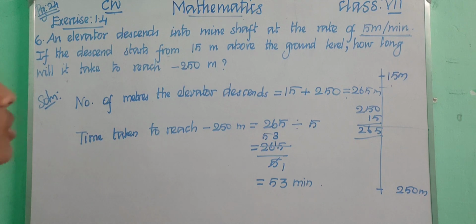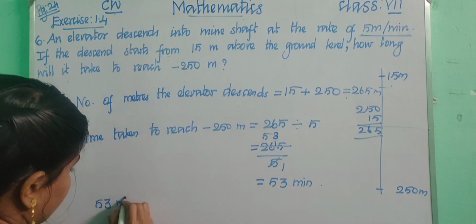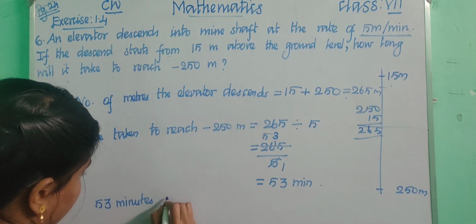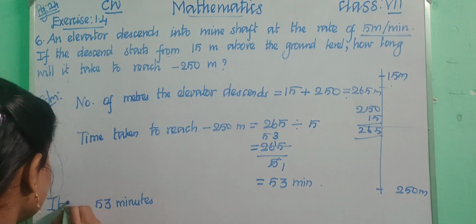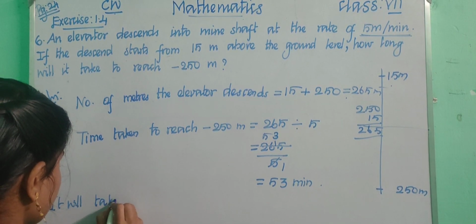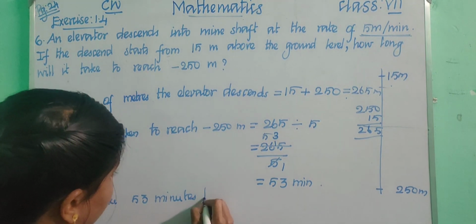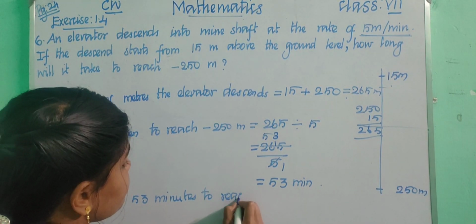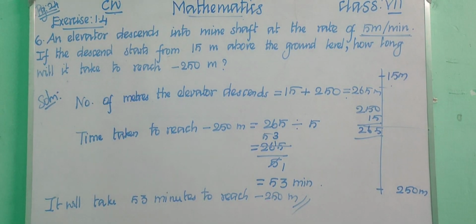Okay, children, so let us write: it will take 53 minutes to reach minus 250 meter. So copy it in your classwork notebook. Pause the video and write.